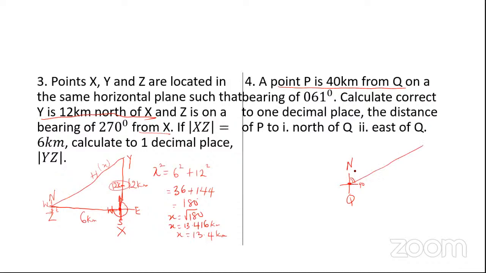So this is 61 degrees, and our P will be somewhere here. They have said the distance is 40 kilometers. From there, we can now find what they asked us: calculate, correct to 1 decimal place, the distance of P to the north of Q. This is P.